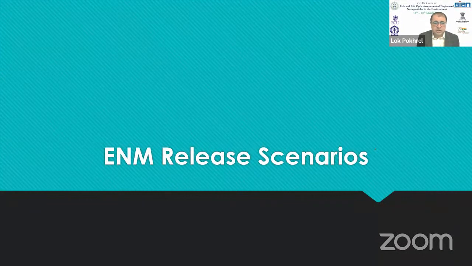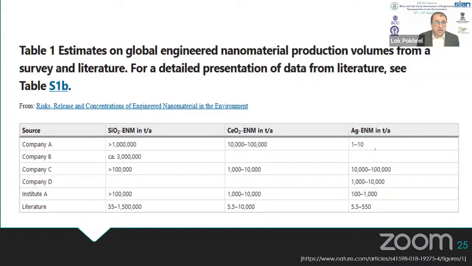Now let's talk about nanomaterial release scenarios. What are the different scenarios whereby we release nanomaterials? To understand the release, we need to know how much nanomaterial is being produced. This is one of the most recent papers that I could find on the quantity of nanomaterial being generated.